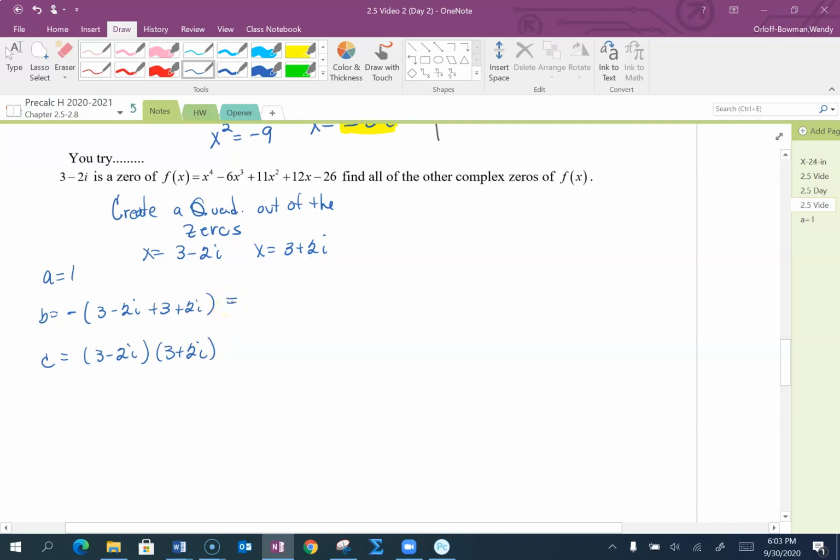The opposite of the sum is -6, and the product is going to be 13. Do not forget that i squared equals -1. Fun fact. Okay, so I do have this quadratic. And then I'm going to go through my long division.